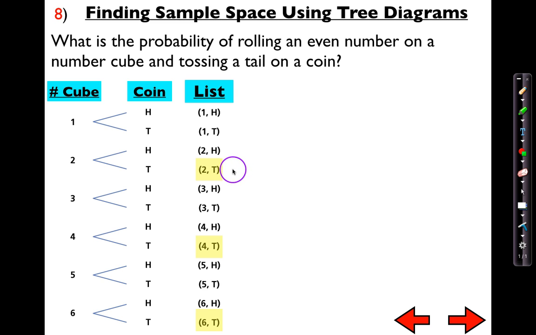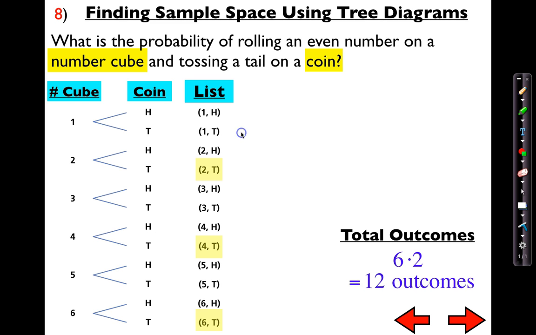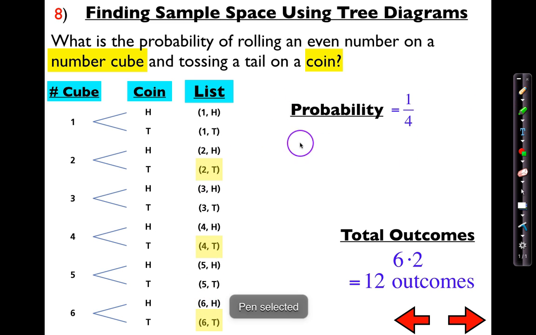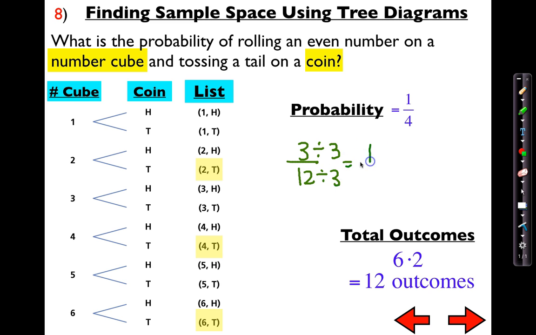What's the amount? Well, you can definitely count these or just understand, okay, there's 6 possibilities from the number cube, there's 2 possibilities from the coin, so altogether there are 12 outcomes. So here, meeting the requirements, there's only 3 out of 12. That gives me 1/4. So again, if you're wondering how I got to 1/4 so quickly, I'm reducing my 3/12 by 3, and that's what gives me 1/4.